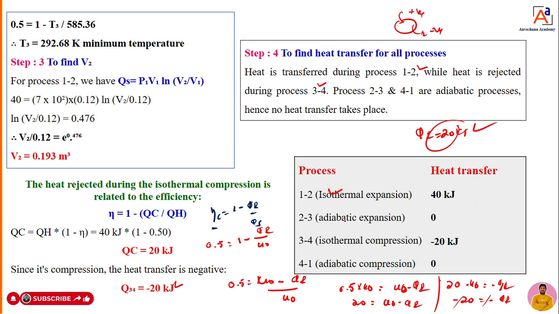During adiabatic expansion there is no heat transfer, hence Q equals 0. During isothermal compression, heat is getting rejected, and that heat rejection is minus 20 kilojoules. In adiabatic compression, there is no heat transfer, hence the value is 0.